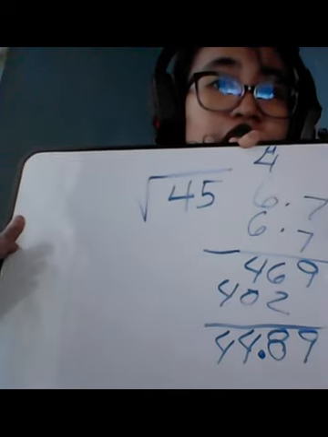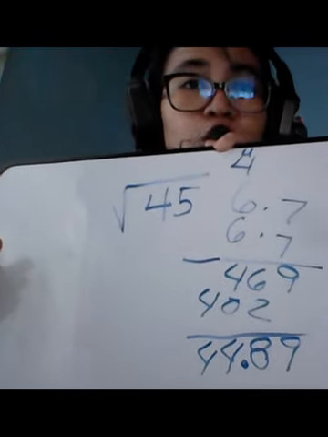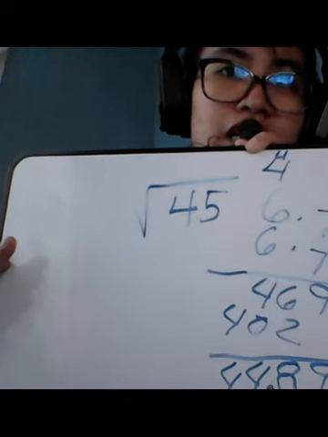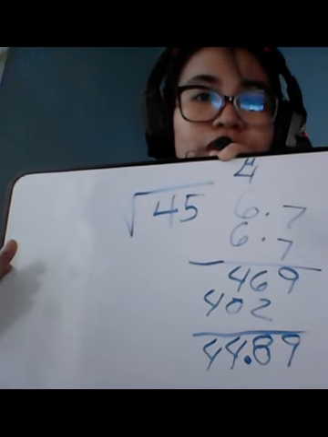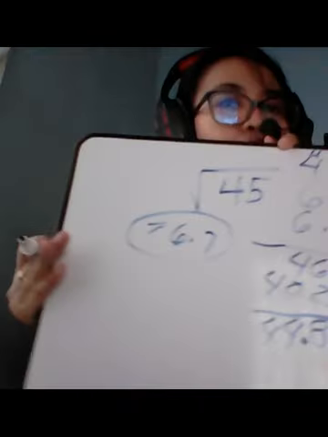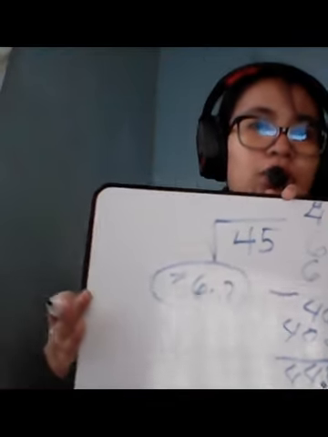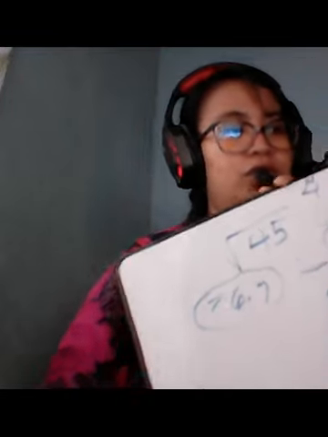Since it is near now to our 45, we can conclude that the square root, nearest hundredth, of 45 is 6.7. So our answer is 6.7. So that's our example for the last one.